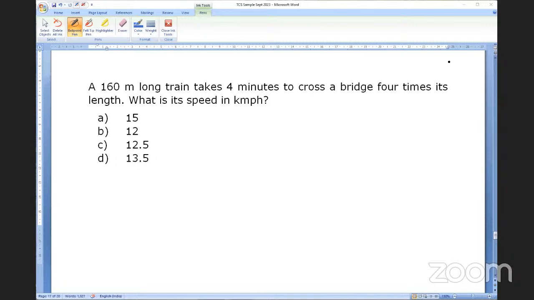One more classical take from time, speed, and distance for a train crossing a bridge. Give it a try.